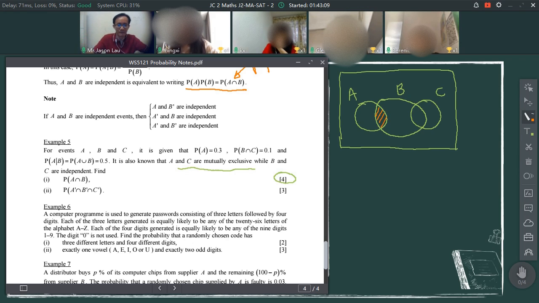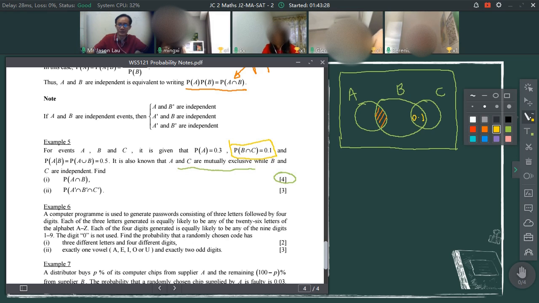What do I need? And what do I have? So you try to fill up the circles like this. Here's 0.1 because of this part. Then what else? P(A) is 0.3.